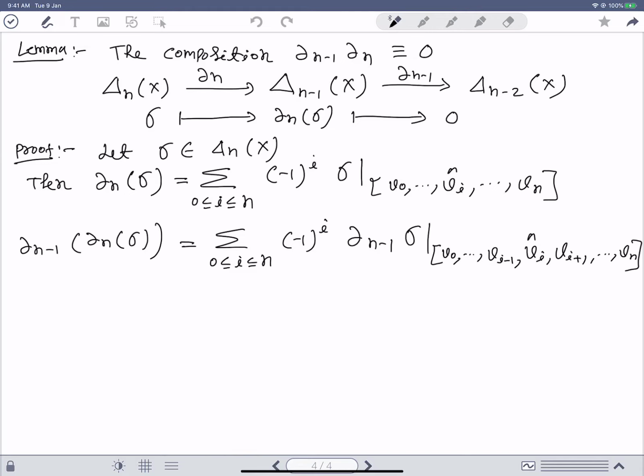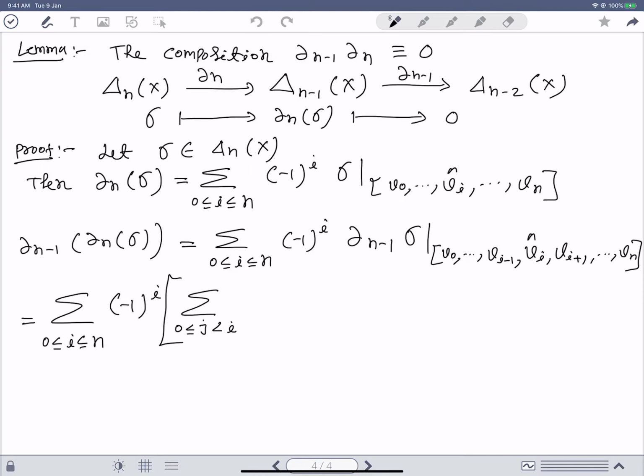Now you can start here. This is the summation 0 less than or equal to i less than or equal to n, minus 1 to the power i. So take the third bracket. Now we have to choose another index, say j. First we take 0 less than or equal to j strictly less than i. Obviously j will not be equal to i, because vi is missing here.